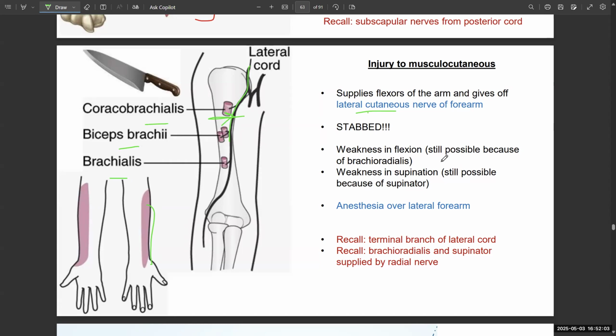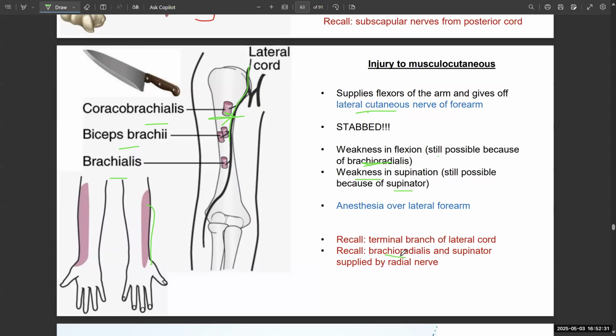Now, why would there be weakness in flexion and not just loss of flexion? This is because you have brachioradialis. Brachioradialis also has some sort of flexion. Okay, it also helps in flexion. And then you would also have weakness in supination. However, this is not paralysis because supination is still possible because of the supinator.